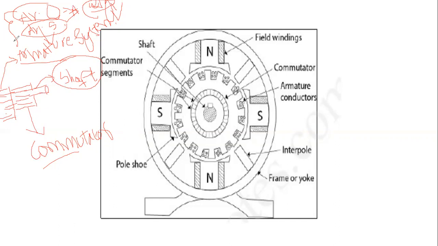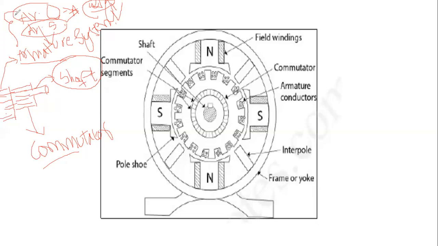The armature system and the commutator are placed on the shaft. The shaft is the rotating part of a DC machine. Understand?